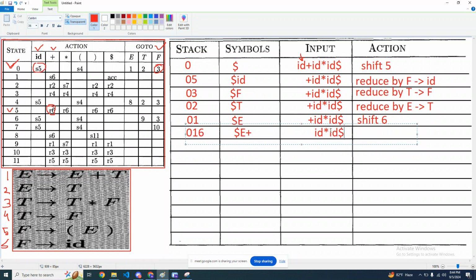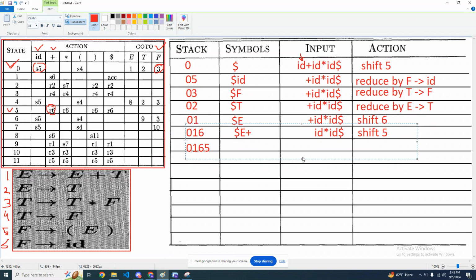Okay. So what is our next action? Top of the stack is 6. Top input is ID. So we go to state number 6 and we go to ID cell. It is shift 5. So our next action is shift 5. So we shift 5, so 0165, right?